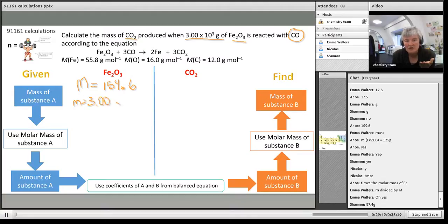So make sure you know how to use your exponential button. Okay, that's actually 3000, but I've done it in scientific notation so you can use it in your calculator. Okay, so if I've got mass and molar mass, what is the next step? I've got that, I've got that. So my next step is to work out N.